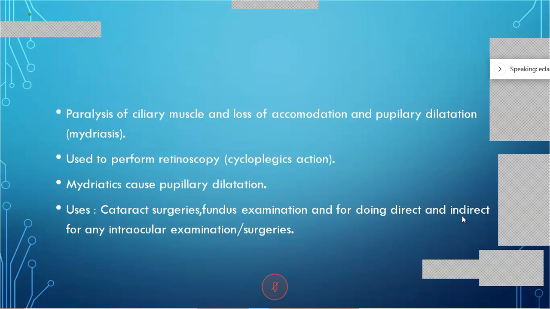It is used in cataract surgery. While performing cataract surgery, the pupil should be fully dilated to facilitate the extraction of the cataract. And while doing fundus examination, direct and indirect ophthalmoscopy, that means examination of the fundus and retina, and for any intraocular examination, there should be full dilatation of the pupil.